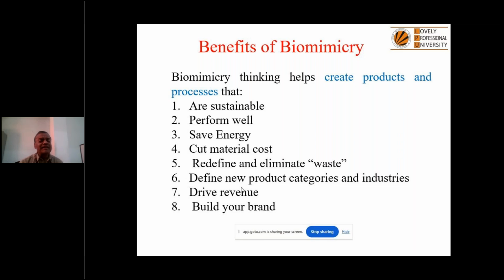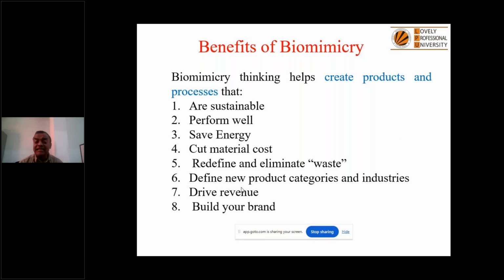Cut material cost, because natural things are always cheaper compared to man-made composite or simple materials, since in human creations a lot of labor is involved, so the cost is always high. So if you use things directly from nature, it will cut the material cost.